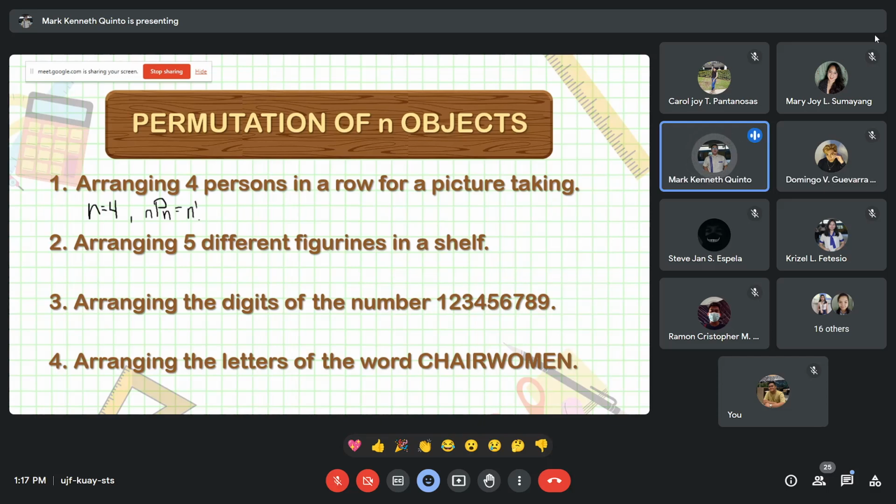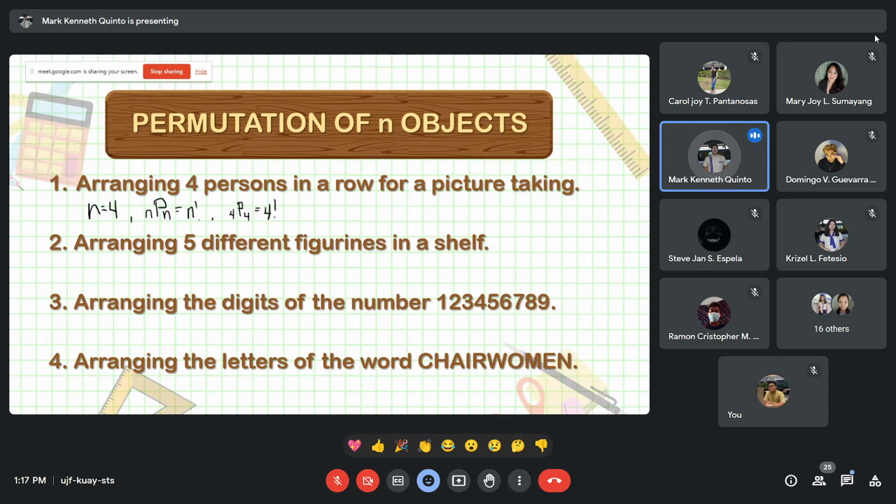We can now substitute the value of n to our formula. Therefore, we have the permutation of 4 objects taken 4 at a time. We read this formula as the permutation of n objects taken n at a time is equal to n factorial. So the value of our n is 4, and that is 4 factorial.